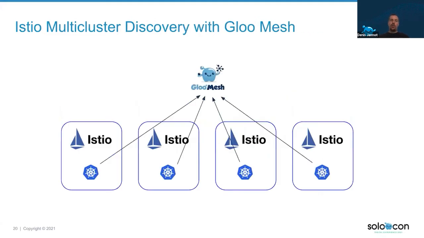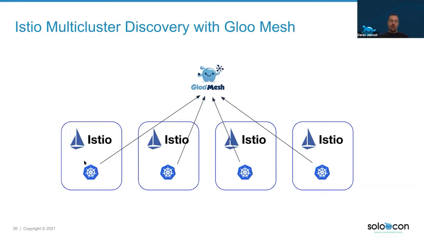So with Gloo Mesh, which is our management plane for managing multiple Istio control planes, we have a very nice design where, first of all, it's just one component, the Gloo Mesh management plane, that will be responsible for discovering everything and making the other clusters aware of what it has discovered. But the other thing that we have implemented recently, which is very nice, is that we now have an agent that runs on each cluster.